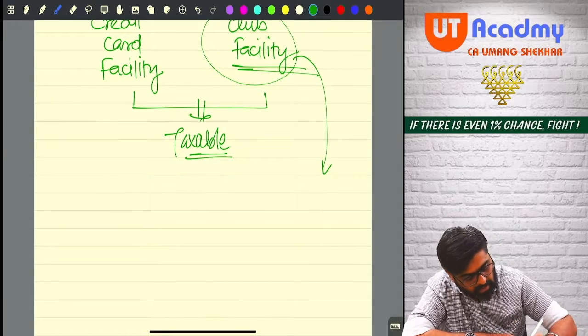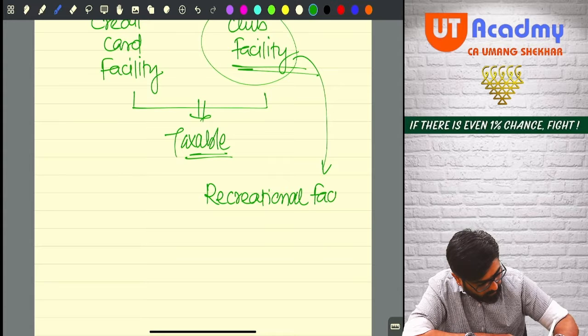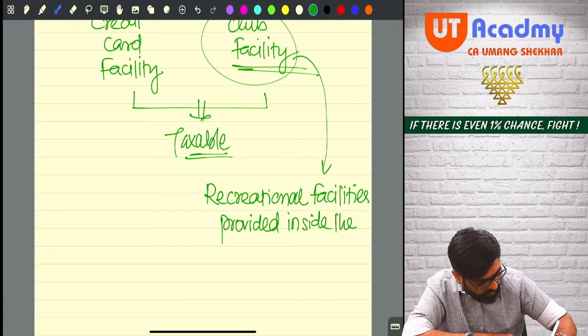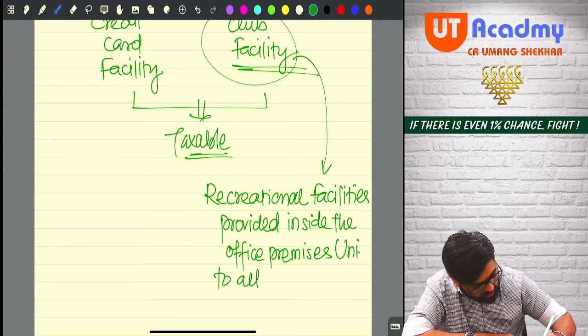Note number one: if instead of club facility, recreational facilities are provided inside the office premises uniformly to all employees.